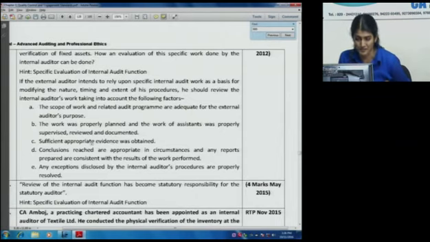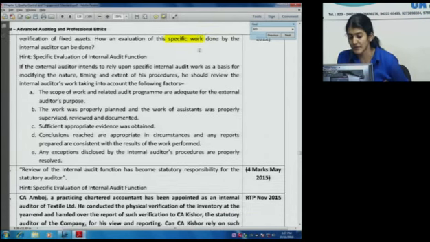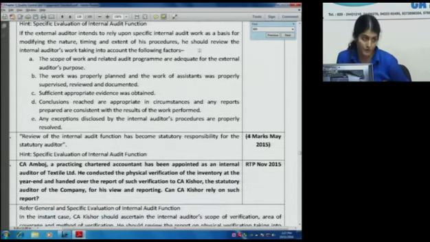Specific evaluation. How can an evaluation of the specific work be done? So we said now PPSRD: whether the work of the internal auditors has been properly planned, performed, supervised, reviewed and documented. Sufficient appropriate evidence has been obtained and conclusions reached have been supported by the work performed.